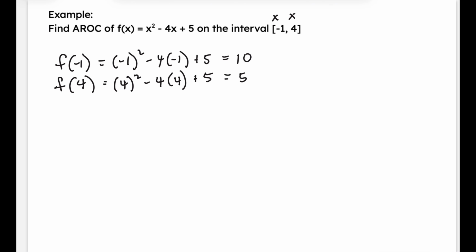So these are both y values. Our change in y values would be 5 minus 10 over 4 minus negative 1. That gives us negative 5 over positive 5, which equals negative 1. So our average rate of change on that interval would be negative 1.